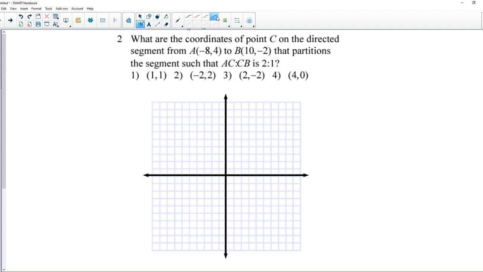I am actually going to plot those points. So I got A, which is (-8, 4), right there. And I have B, which is (10, -2). I'm going to label that. This is A. Here is B. I'm going to connect them with my straight edge.